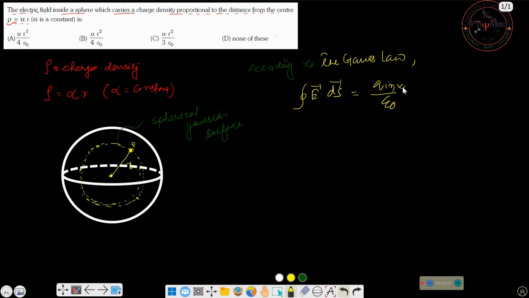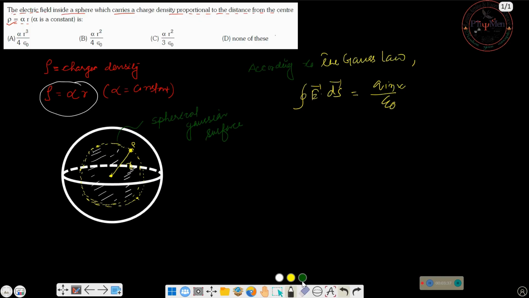Now this q in is the total charge inside the Gaussian surface. This is a sphere and its charge density varies as rho is equal to alpha r.